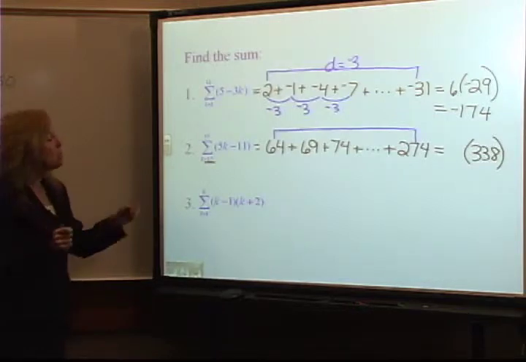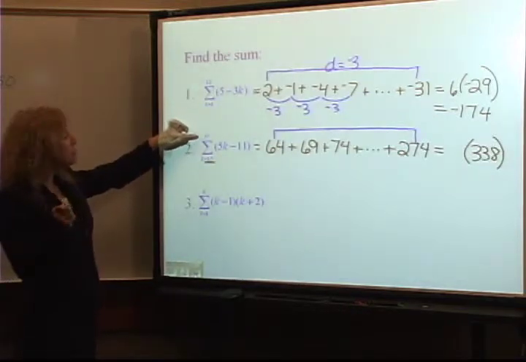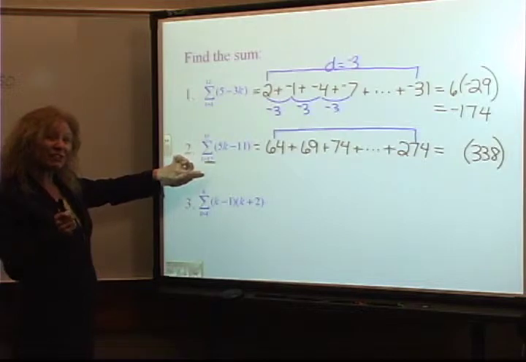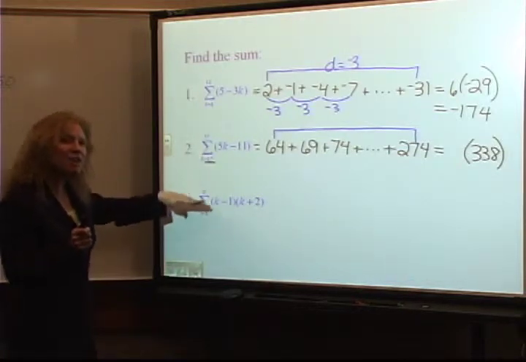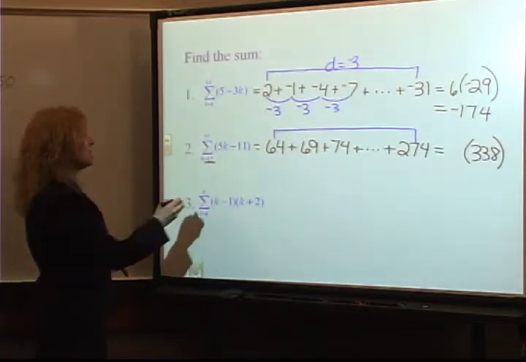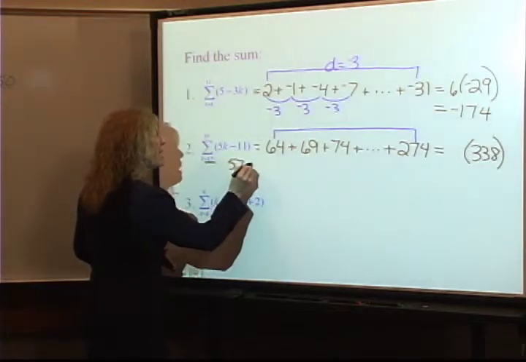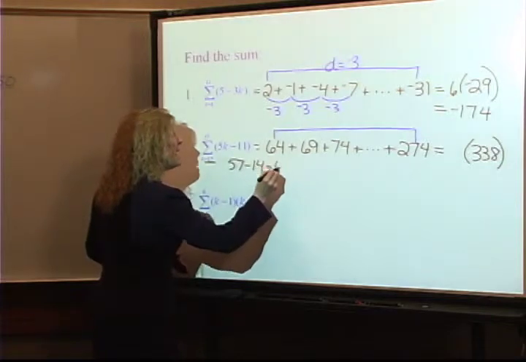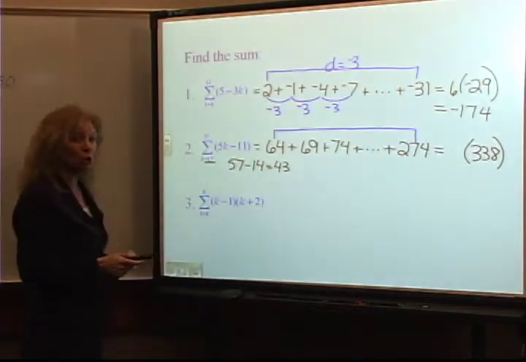Well, this one isn't totally obvious because, yes, my top number is 57, but I started at 15. So do you realize that I didn't have the first 14? So 57 minus 14, I have 43 terms.